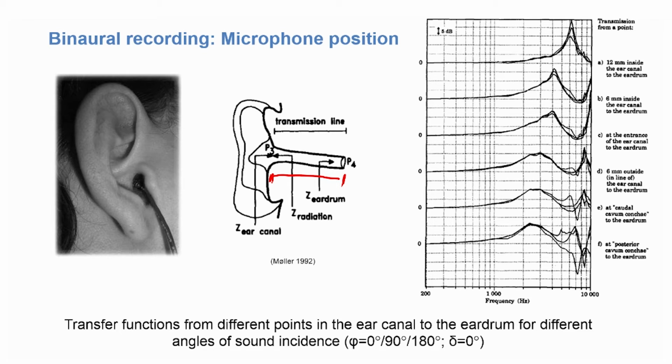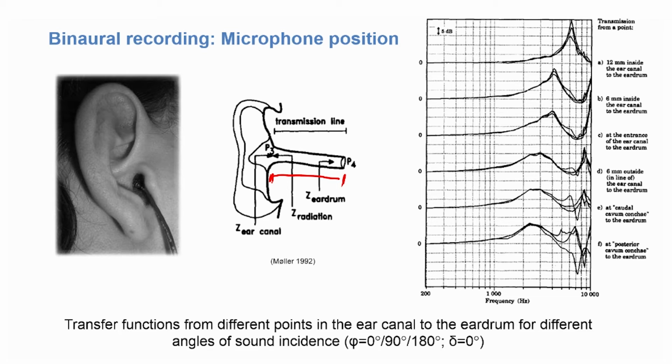If the rest of the transfer path from this point to the eardrum is then a linear system, independent of the angle of sound incidence, we can account for it either with an equalization filter or by compensating the reproduction at the same reference point, so that the rest of the transfer path will be identical both at recording and reproduction.